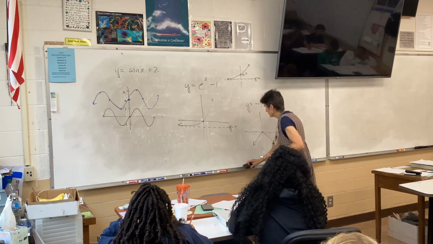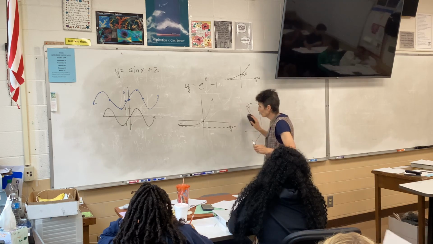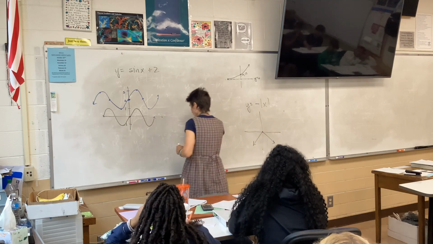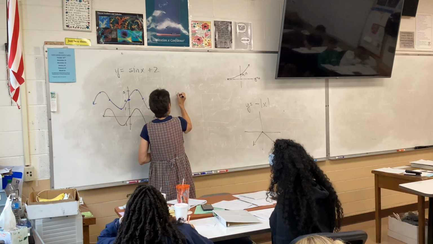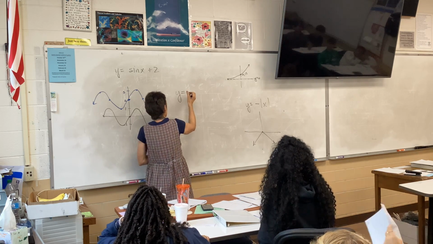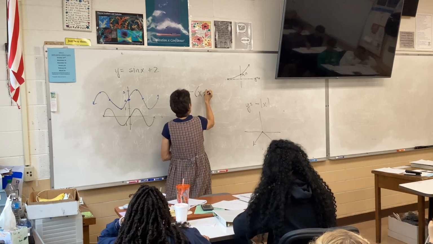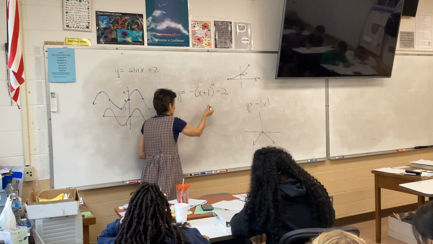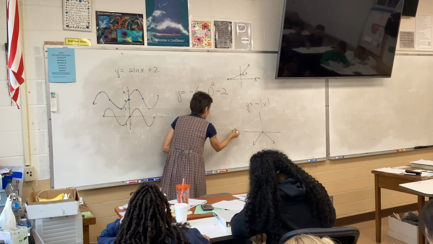Alright. Now I'm gonna have you do a problem for me on the board, either by yourself or with somebody. I'm gonna give you a challenge problem now. Alright, lots going on in this problem.